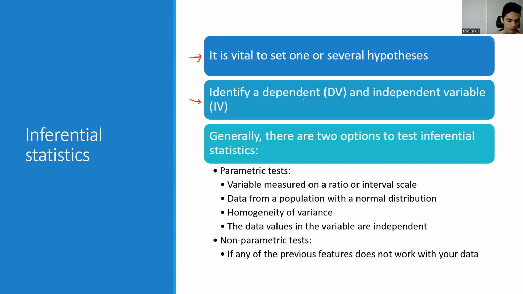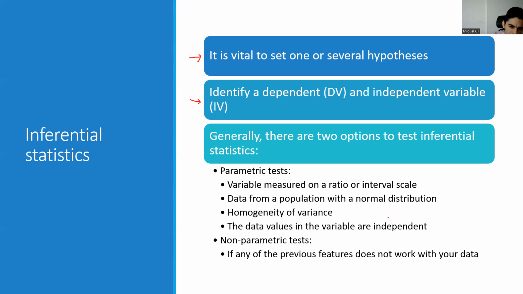So for example, how tired I am and how much sleep I had. The time that I slept is going to be the independent variable because that's the one that I can manipulate. And the dependent variable is tiredness. So tiredness is going to depend on how much time I sleep.